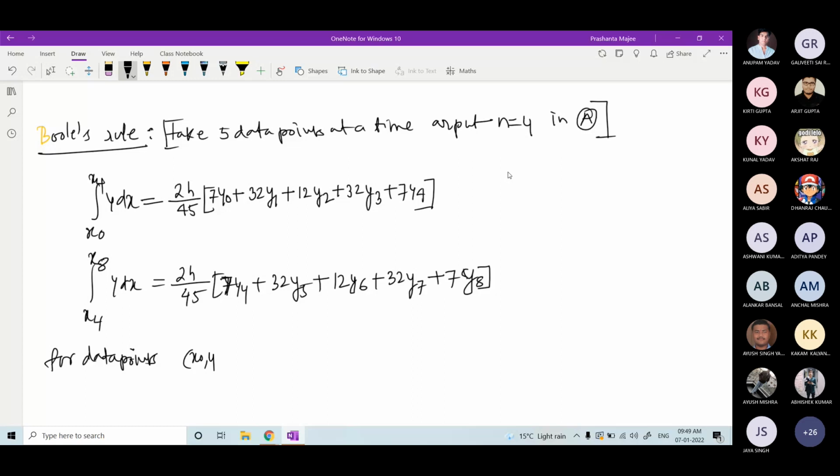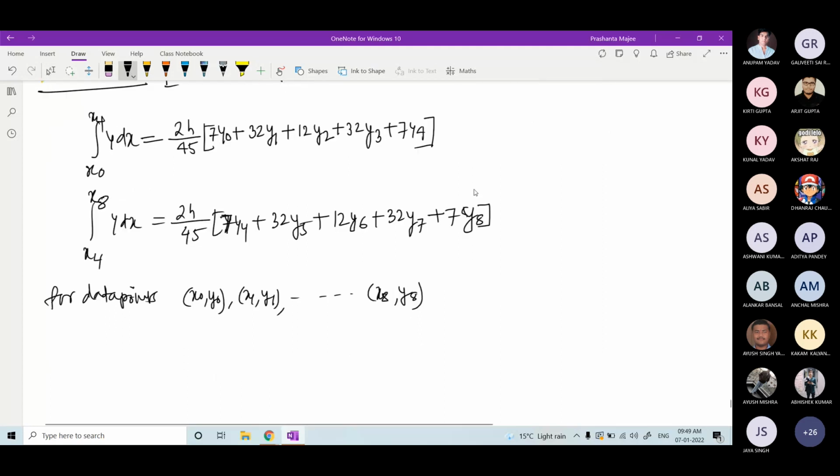Okay, suppose there are data points x0, y0, x1, y1 up to x8, y8. What will be the integration x0 to x8 y dx? It will be the sum of the above two, integration x0 to x4 y plus integration x4 to x8 y.